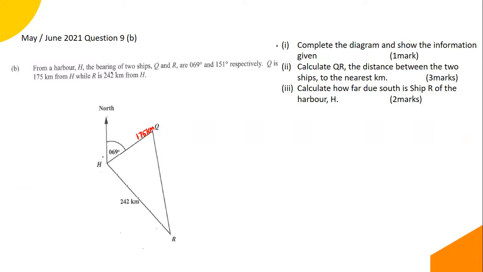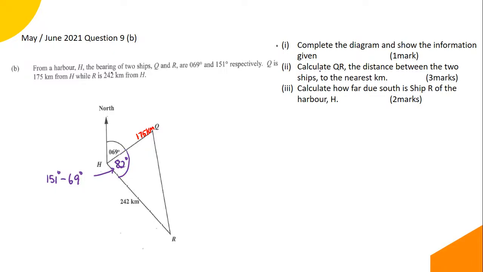So this missing angle here is simply 151 degrees take away 69 degrees. Let's double check what that is. 151 take away 69 gives us 82 degrees. So this angle inside here is 82 degrees.